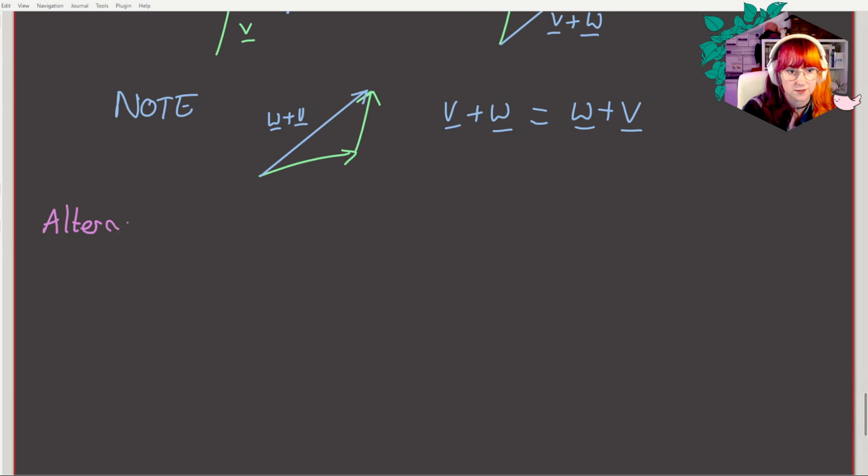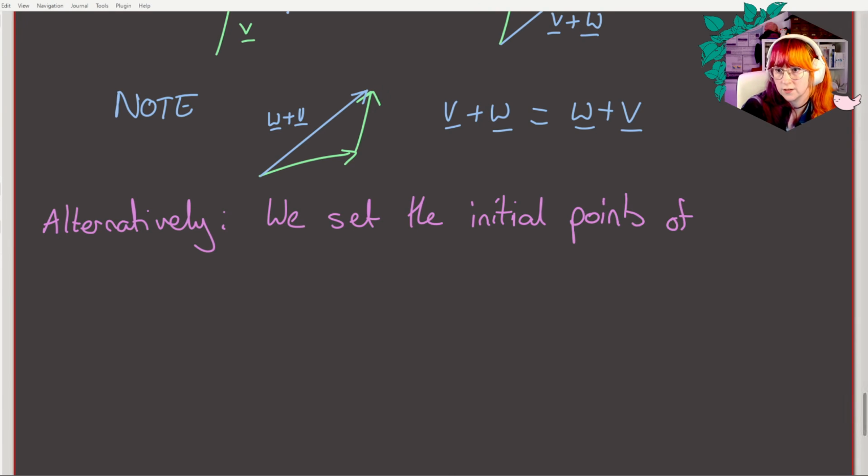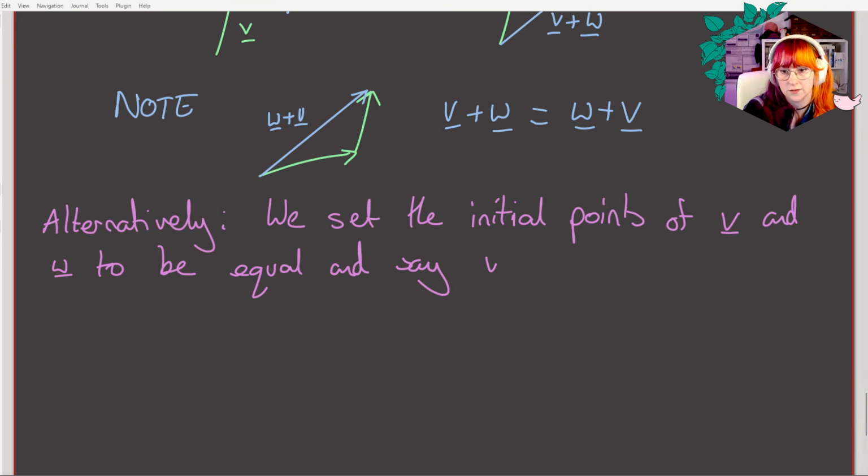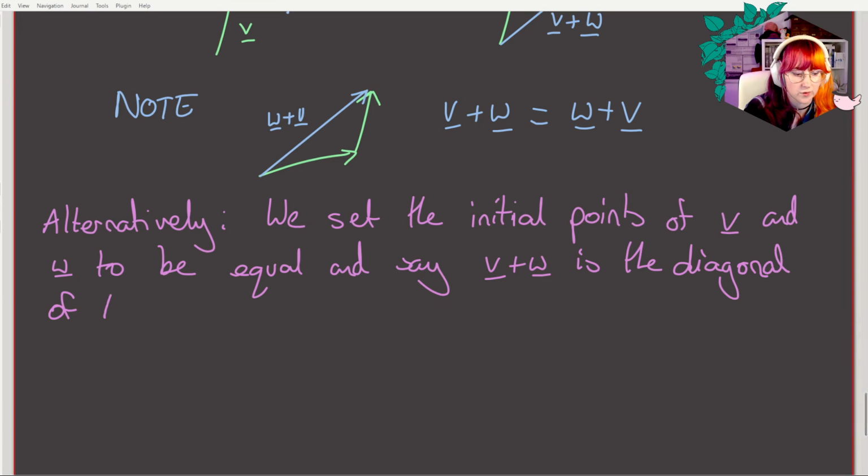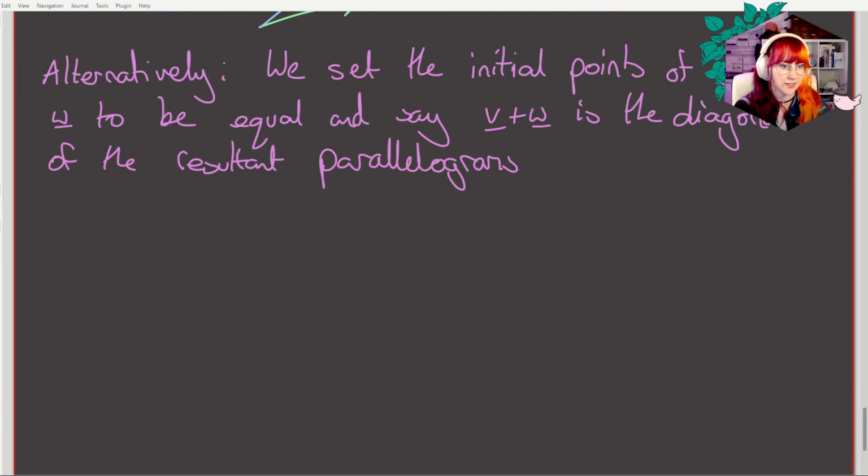So alternatively, we set the initial points of V and W to be equal, and say that V plus W is the diagonal of the resultant parallelogram, which is an incredible word, and we're back to parallelograms. There's a lot of parallelograms in vector algebra, it turns out.